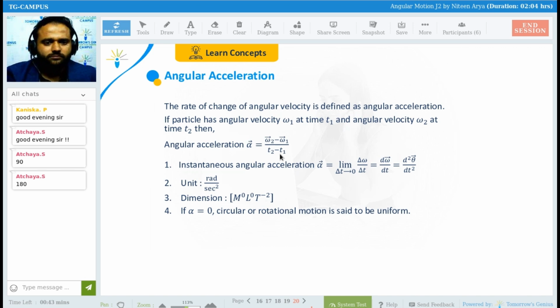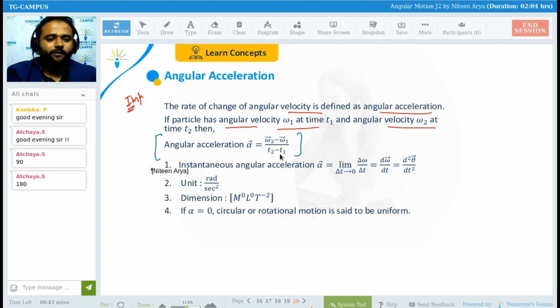Then acceleration. If we already know the angular velocity, so we can find the angular acceleration. So that is quite normal, important one also. The rate of change of angular velocity is defined as the angular acceleration. If a particle has angular velocity omega 1 at time t1 and angular velocity omega 2 at time t2, then alpha, which is angular acceleration, is rate of change of angular velocity over change of time, omega 2 minus omega 1 divided by t2 minus t1.